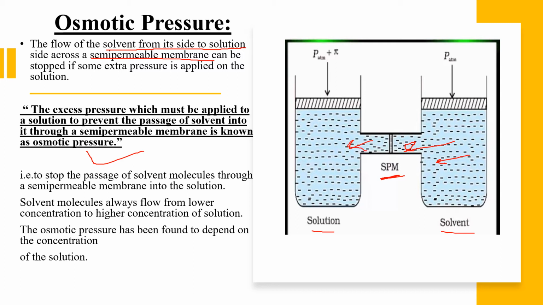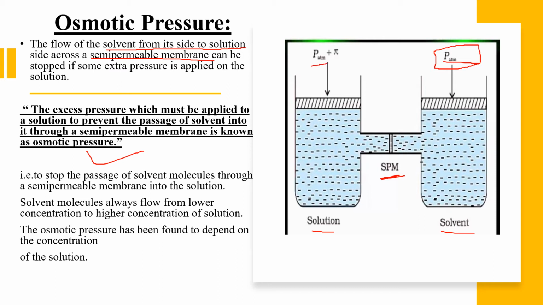But as it is an open container, both the sides have a pressure which is known as atmospheric pressure. Atmospheric pressure will also be applied on the side of solvent and also on the side of solution.